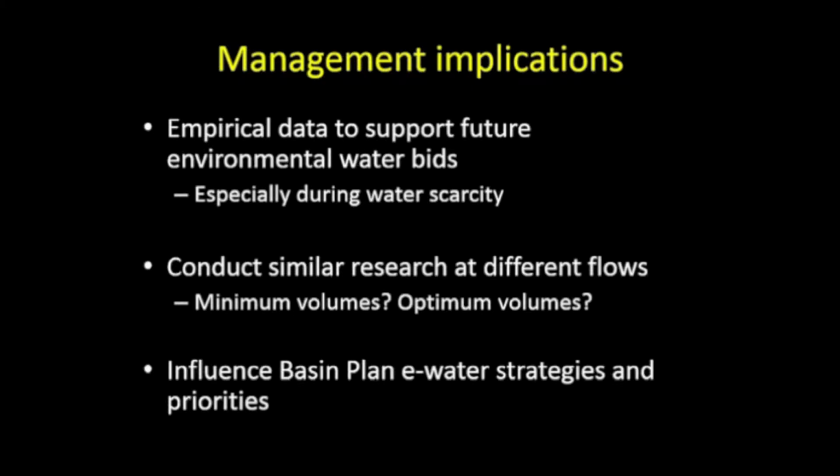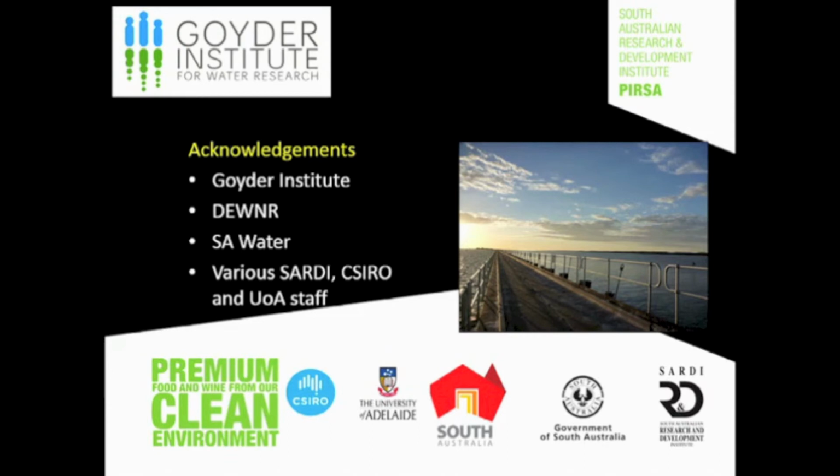It also acts as some of the first research of this type that we've done within the Coorong, so it can really be built upon much further, and if it's done at a range of different flows, we might be able to quantify outcomes for different volumes of water much better. And in the end, if it all works out well, hopefully this research can influence basin plan watering strategies and priorities into the future as well. Thank you very much.